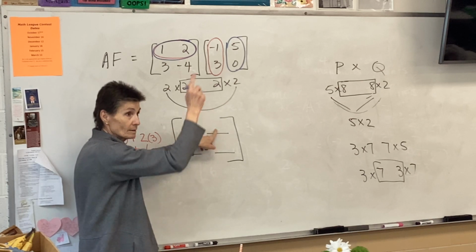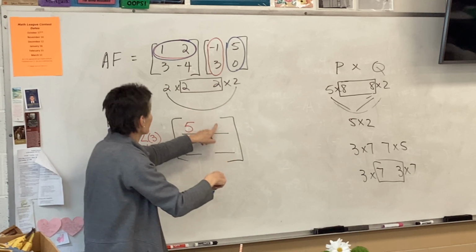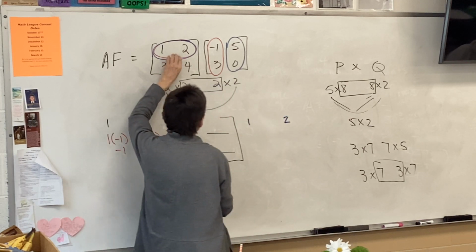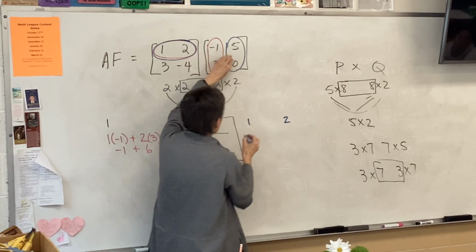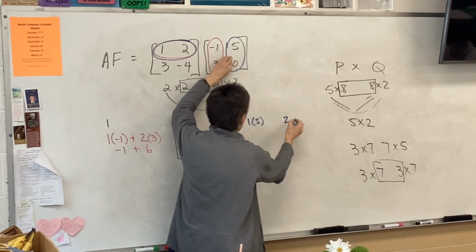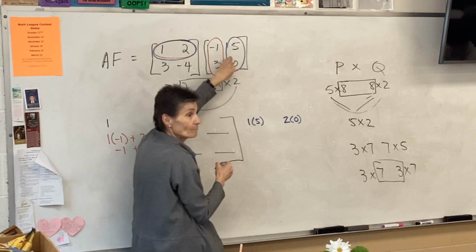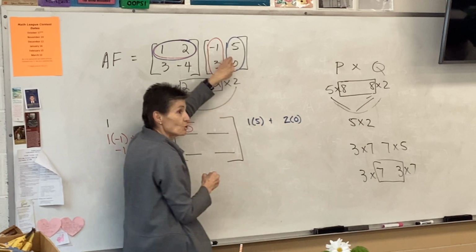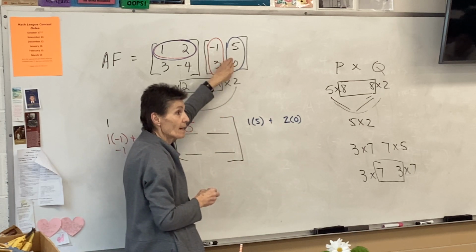Row 1, column 2. So I'm going to write down the numbers in the row, and then next to those, I'll write down the numbers in the column. I multiply each pair and add them up.